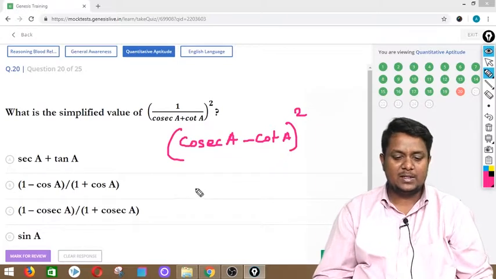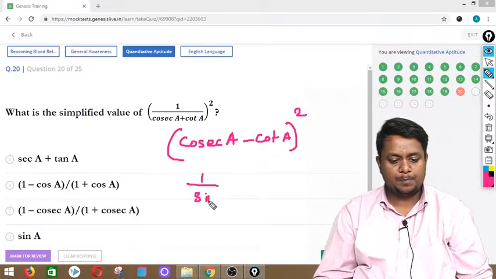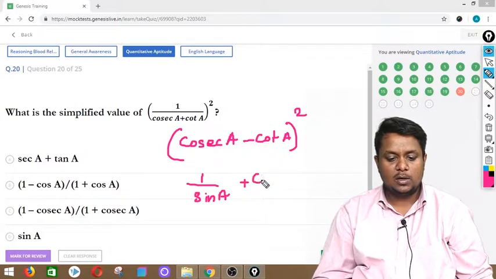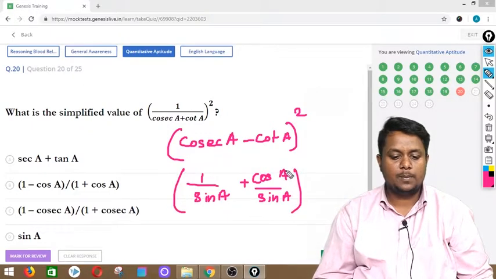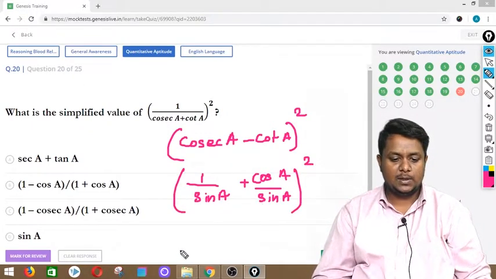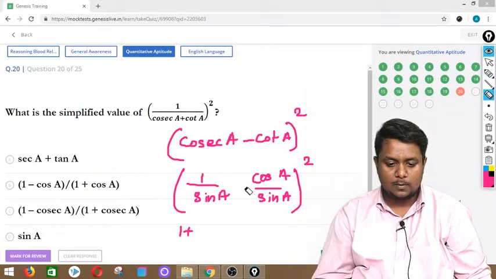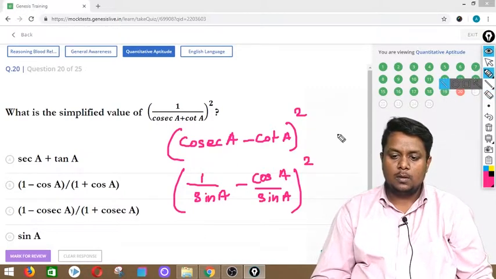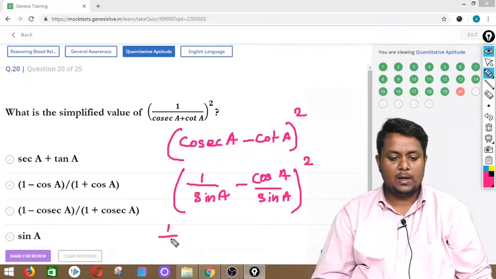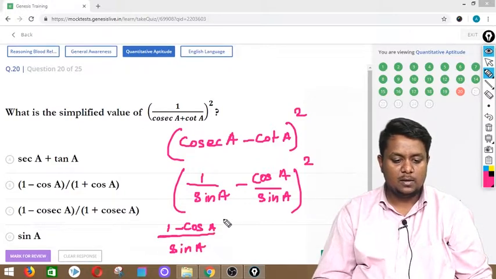Now cosecant A is 1 by sin A and cot A is cos A by sin A, so the whole square. Now this part should be minus. So it is (1 minus cos A) whole divided by sin A, the whole square.